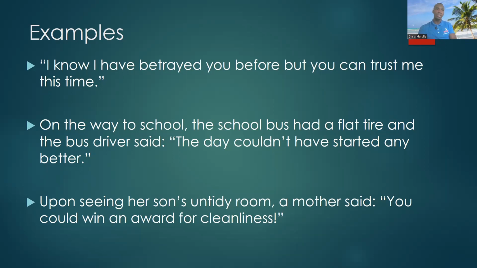And you may look at this and say, is this sarcasm? Well, yes, sarcasm is a form of verbal irony. But usually sarcasm is directed towards someone, right? Verbal irony could be directed to someone, or it could just be general. Like, for example, for the second sentence, the day couldn't have started any better.